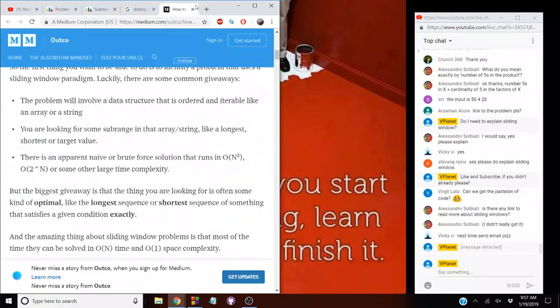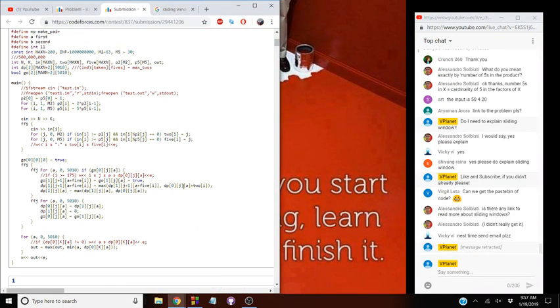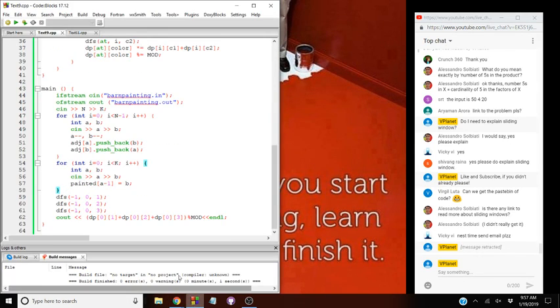But the idea is that since dp i only comes from dp i minus 1, we don't need to store the whole dp array. We only need to store dp i. And that's the idea behind sliding window. If I do find an email or a link, I will send it out through email. I'm sorry I don't have any links, but yeah.